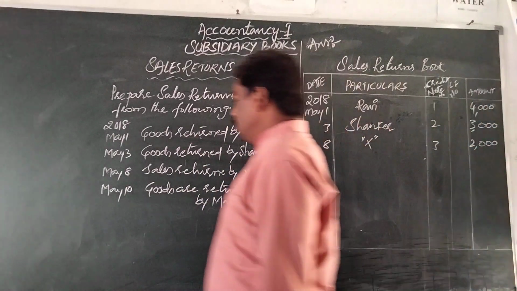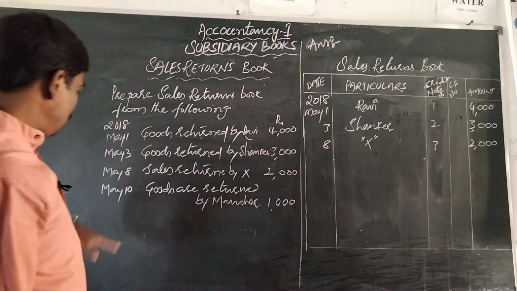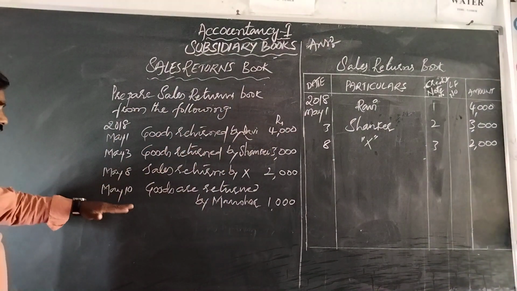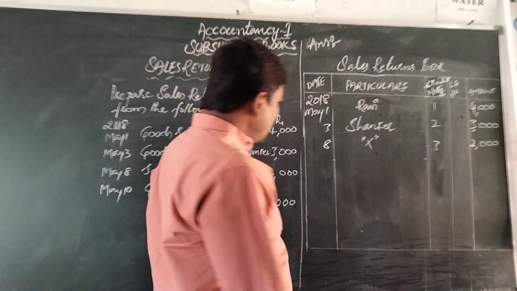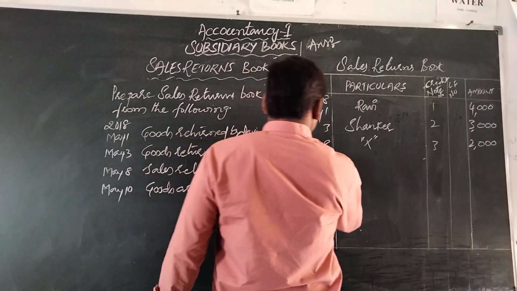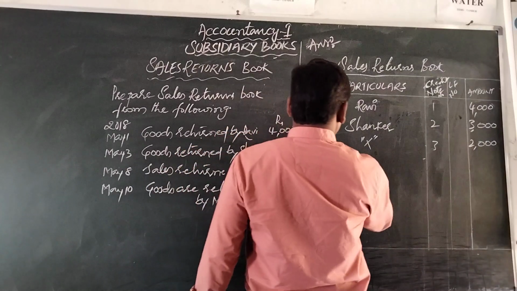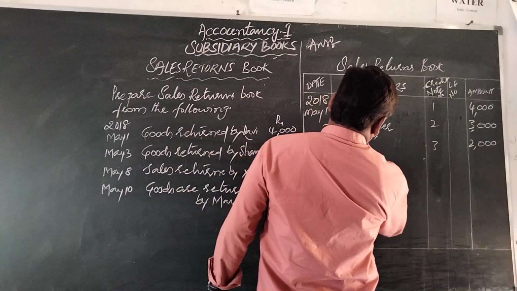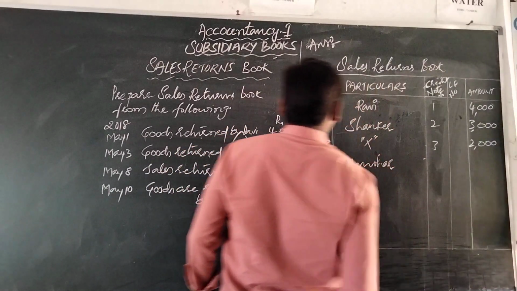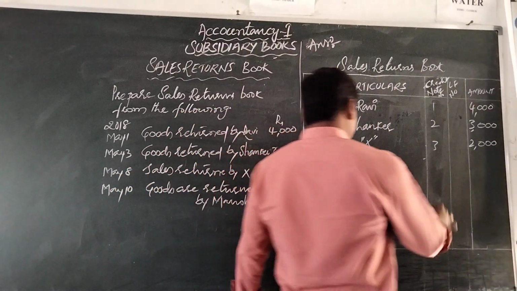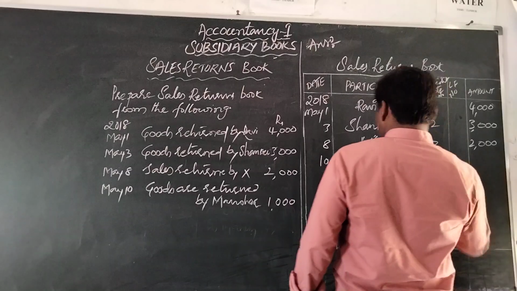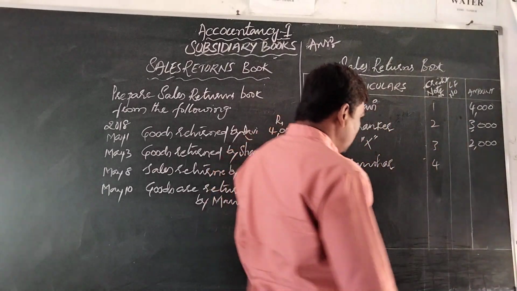Come to the last and final transaction in this problem, May 10th. On May 10th, goods are returned by Mr. Manohar. So on May 10th you write the name of the person, Manohar, credit note number, imaginary number 4, and amount of rupees 1,000.